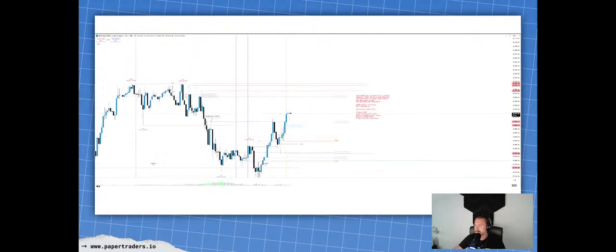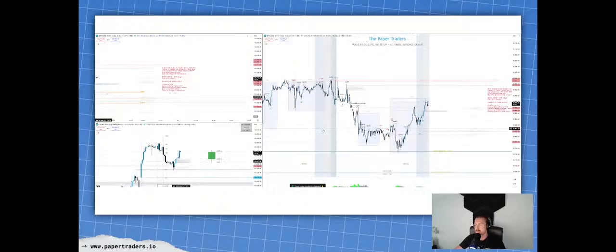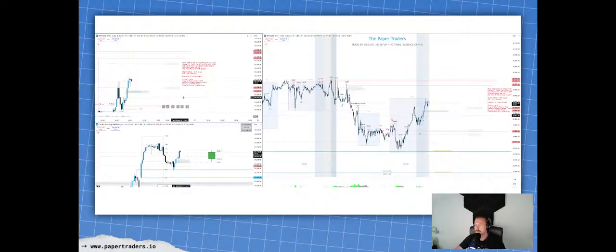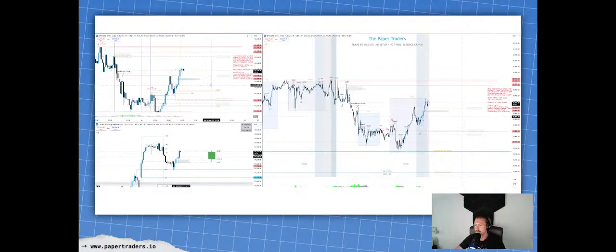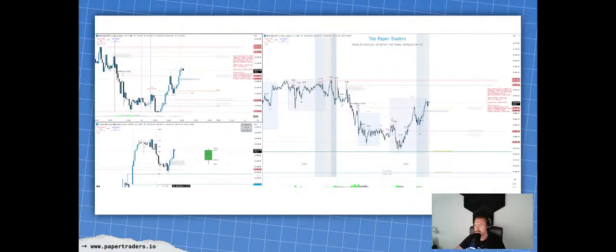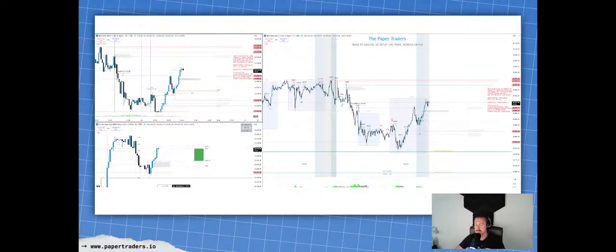In the 15-minute, we have this fair value gap on the downside. So if they really wanted to, they could come down and retest that before continuation to the upside. So we're watching how this closing price of the previous hourly candle holds. On the 15-minute, we have a few liquidities on the upside, but so far she is looking strong.